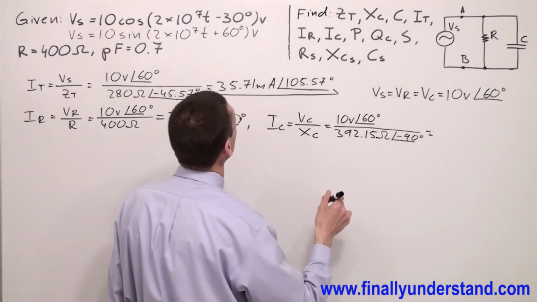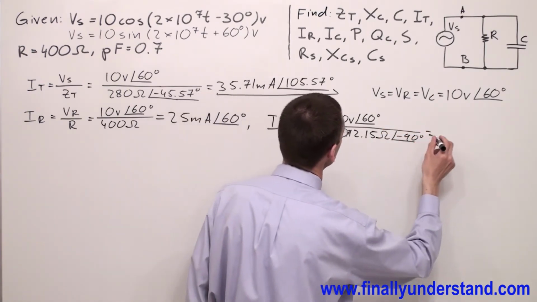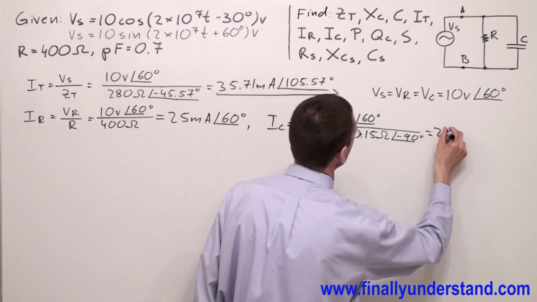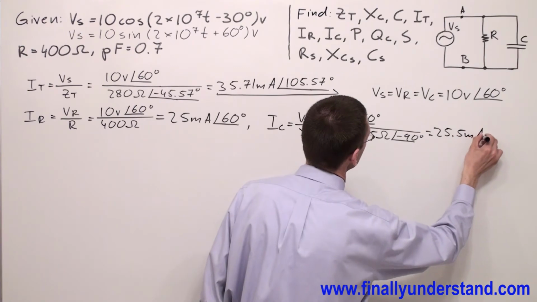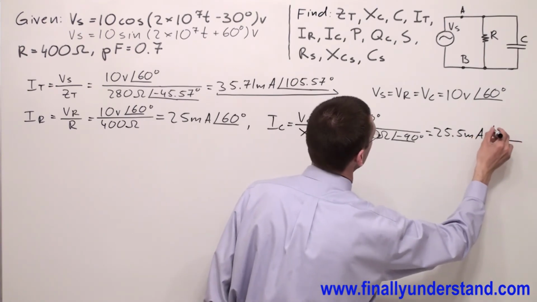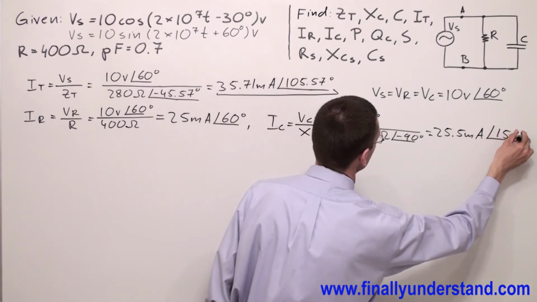So current IC is equal to 25.5 milliamps and angle of 150 degrees.